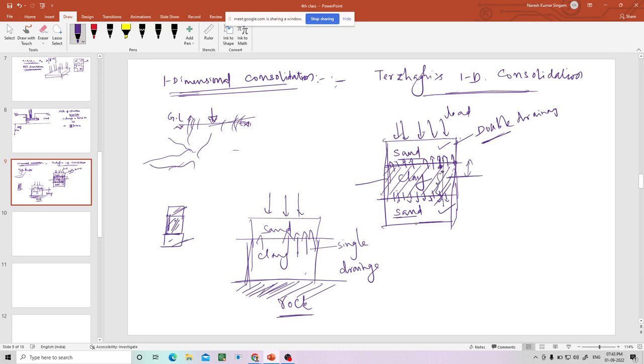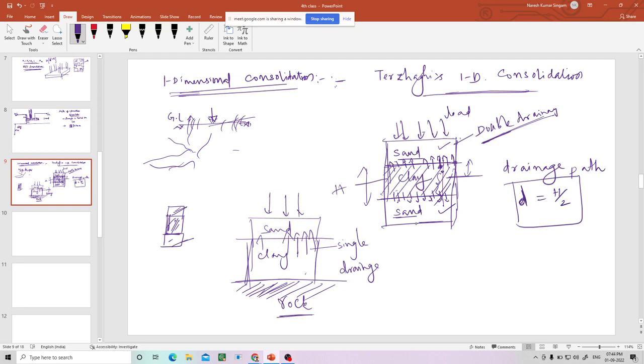So in the double drainage condition, the maximum path traveled by a water particle is half of the clay layer. Suppose the total height is H, the drainage path will be H by 2. Generally we denote it by D equal to H by 2 in double drainage.